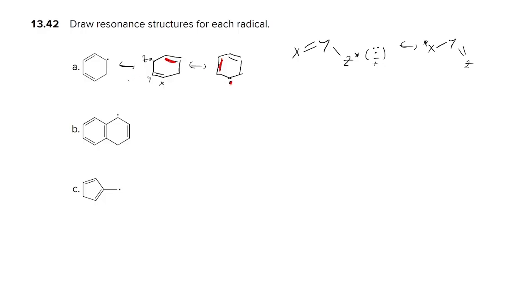So how are we going to use curved arrows to move from one resonance form into the other one?